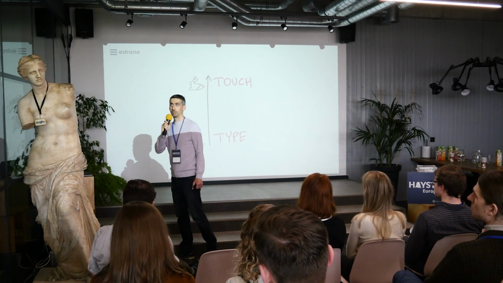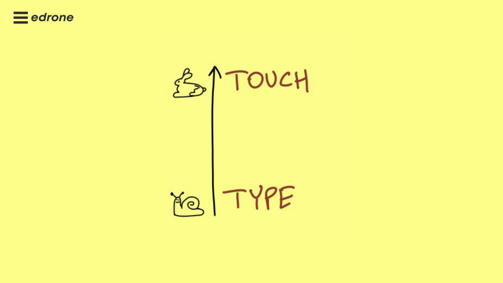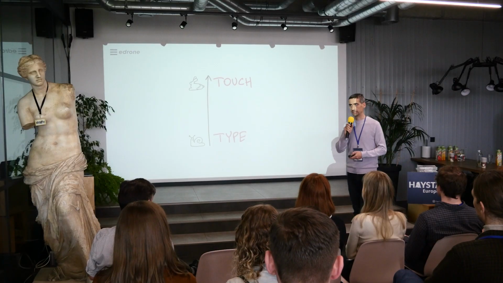Okay, so we've got typing, which is slow, and we've got touch on the mobile phone. So from now on, we'll focus on mobile devices only, right? And touch is extremely fast, right? As long as you have the right thing in front of you, you don't have to go deep down and search those things through filters and categories.